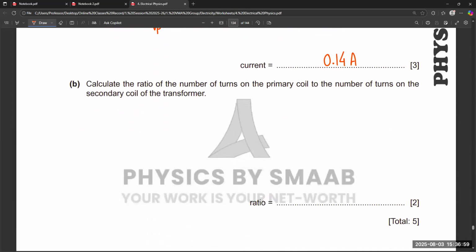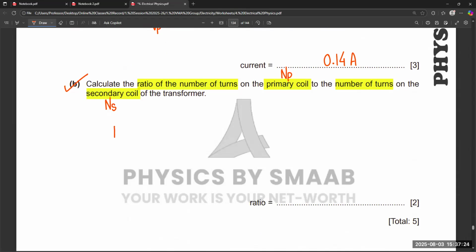And the second part is to calculate the ratio of the number of turns on the primary coil to the number of turns on the secondary coil of the transformer. So they are talking about the number of turns on the primary coil, NP, and the number of turns in the secondary coil, NS. We have to find out the ratio.